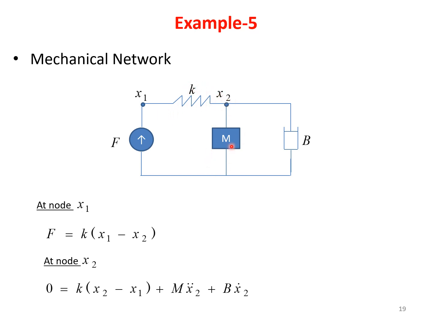Since there is no applied force connected here, the left hand side is 0, equal to k into (x2 minus x1) plus mass into acceleration, m d square x2 by dt square, because the displacement is x2, plus b into dx2 by dt. So these are the two node equations we have for this mechanical network.